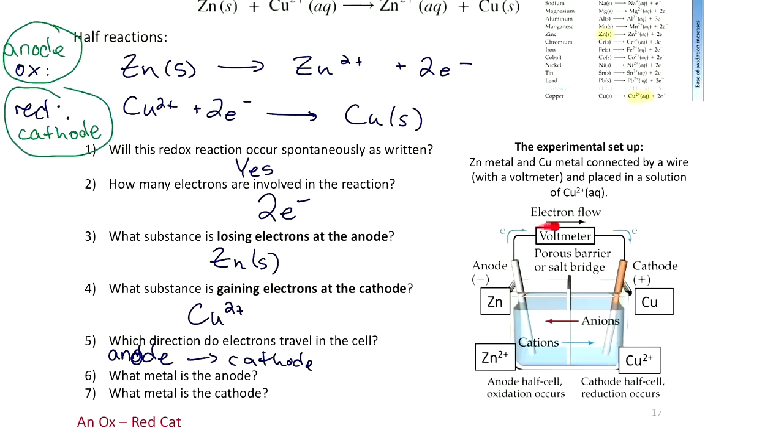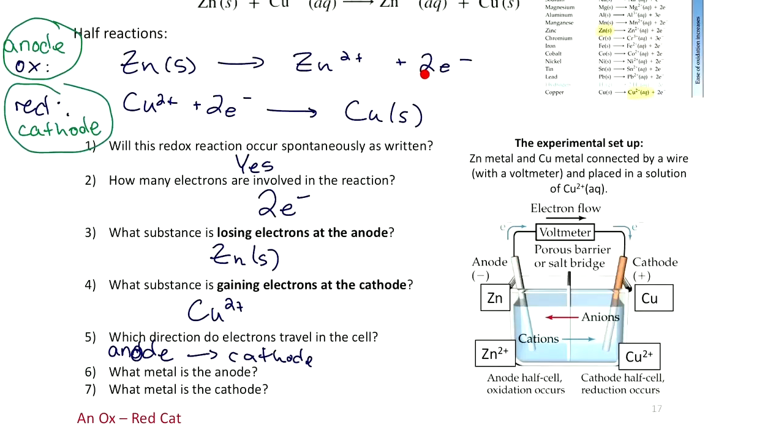And then when we connect these two electrodes, the anode and the cathode, what we see is that electrons are leaving the anode, because you can clearly see that from the half reaction, and it's being gained by the cathode. So electrons are going from anode to cathode, or they're going left to right, as long as you always draw the cell in this manner, anode, cathode, left to right, it'll always go left to right.